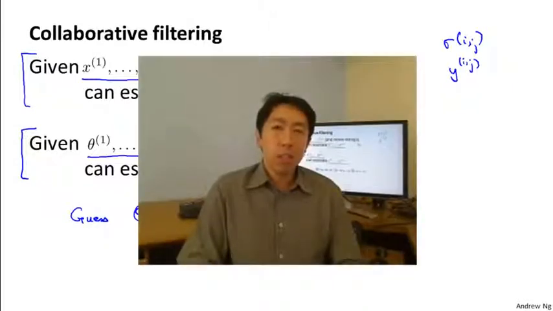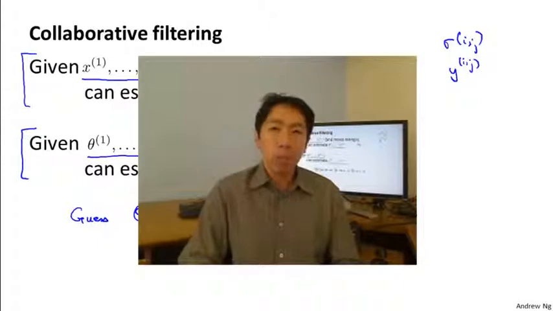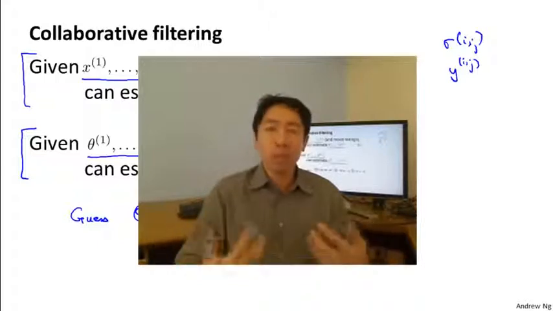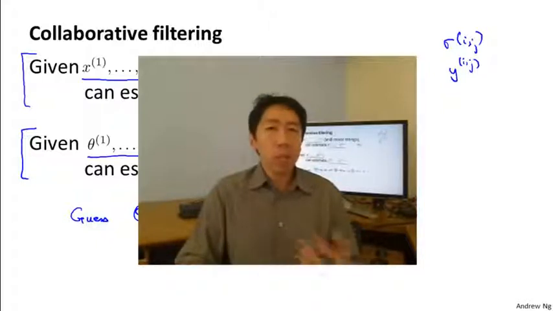So to summarize, in this video we've seen an initial collaborative filtering algorithm. The term collaborative filtering refers to the observation that when you run this algorithm with a large set of users, what all of these users are effectively doing is collaborating to get better movie ratings for everyone, because with every user rating some subset of the movies, every user is helping the algorithm a little bit to learn better features.